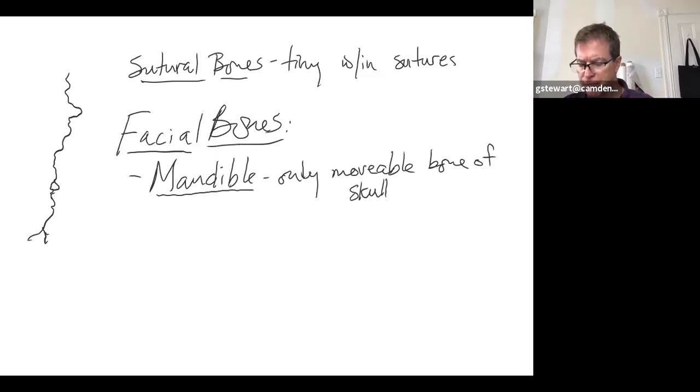I'll just give you some fun facts and some features of it. The mandibular angle just refers to the side of this. Let me draw a decent picture for you. So here's the mandibular condyle that articulates with the temporal bone.